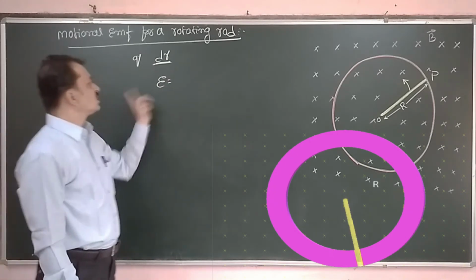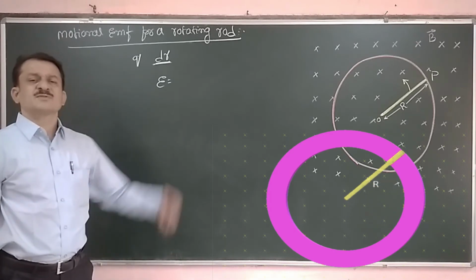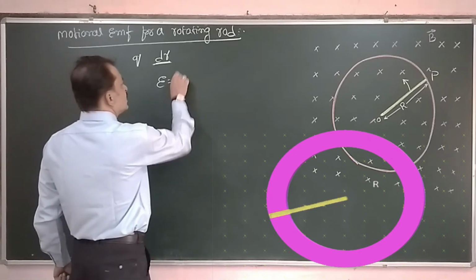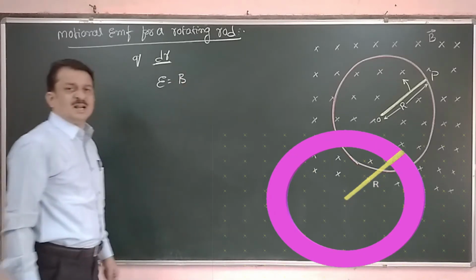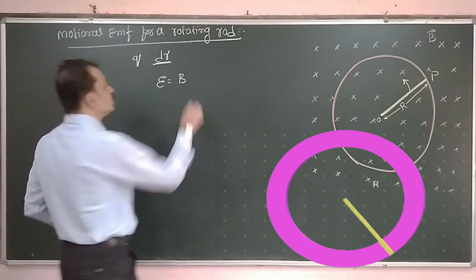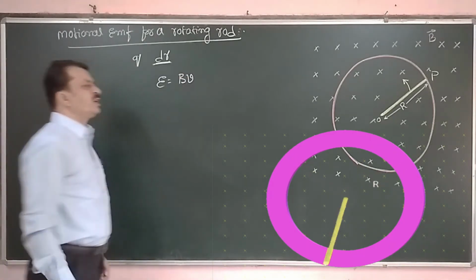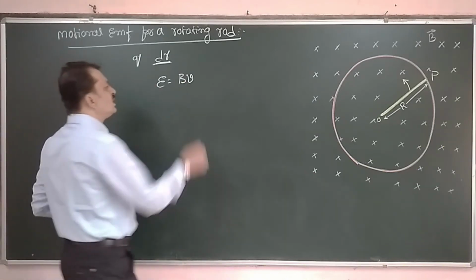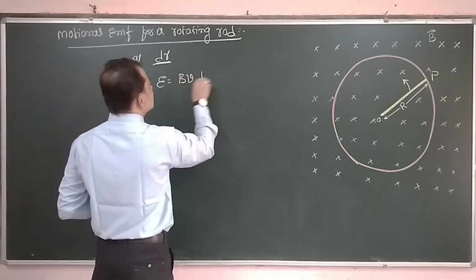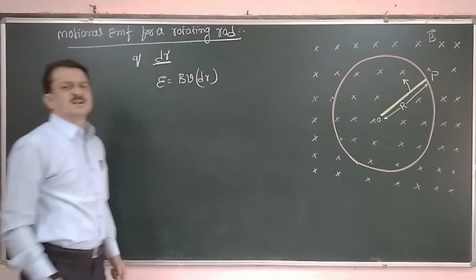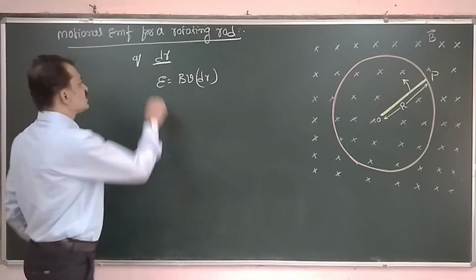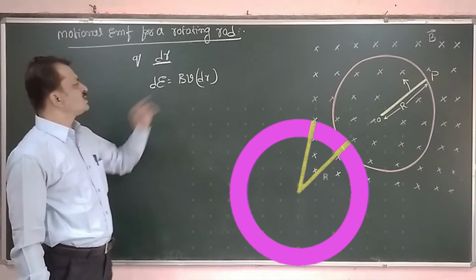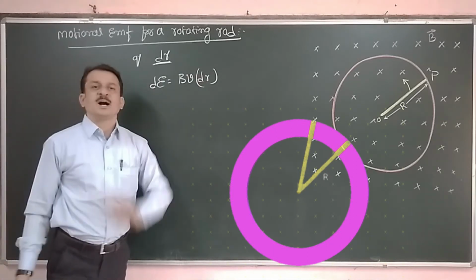Because of the rotation, the charges are separating. Because of the separation of the charges, an EMF is induced. It is B L V. Now B and v, v is the velocity with which the rod is rotating, into L. L is the small distance we have taken, dr. Now the small amount of EMF induced is dE equal to B v dr.